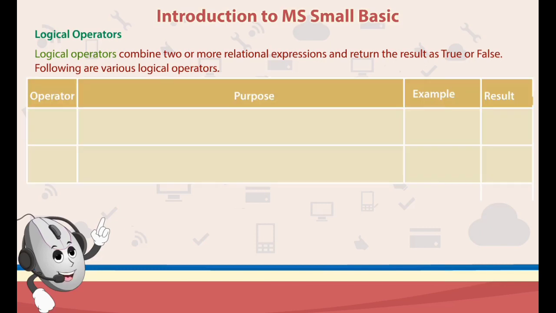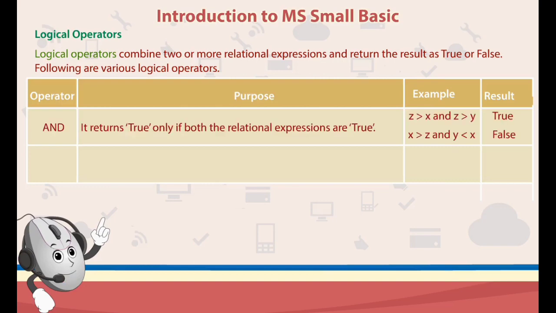Operator, purpose, example, result. And. It returns true only if both the relational expressions are true. Z is greater than X and Z is greater than Y. True. X is greater than Z and Y is less than X. False.